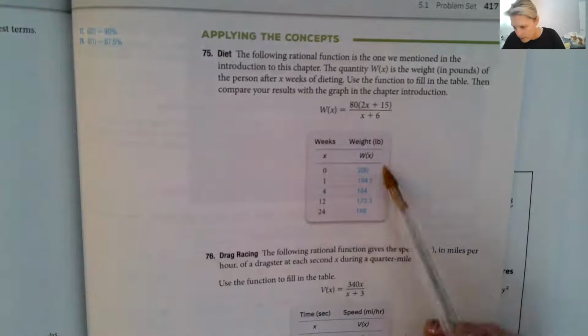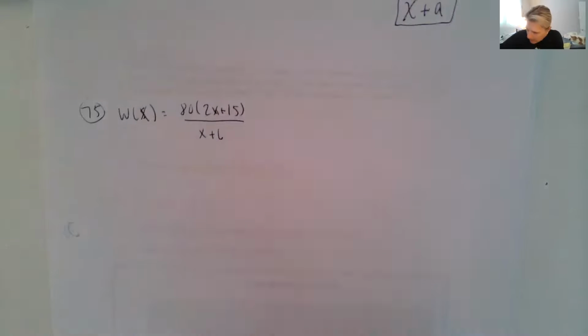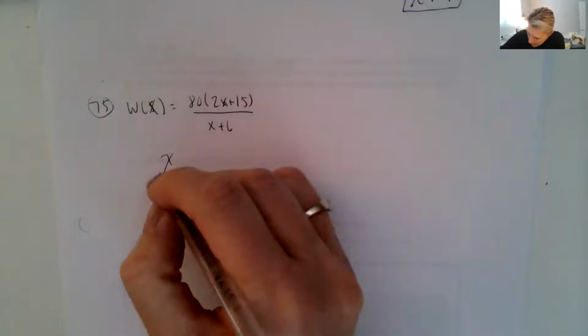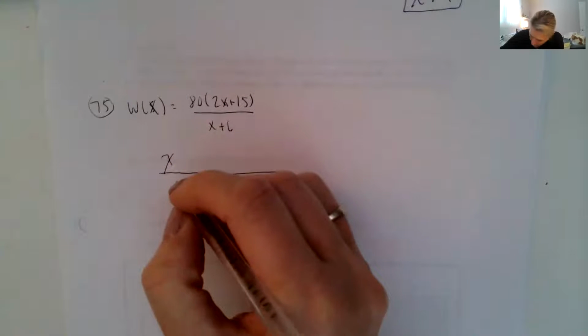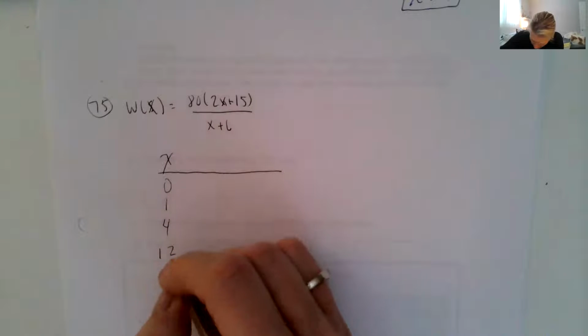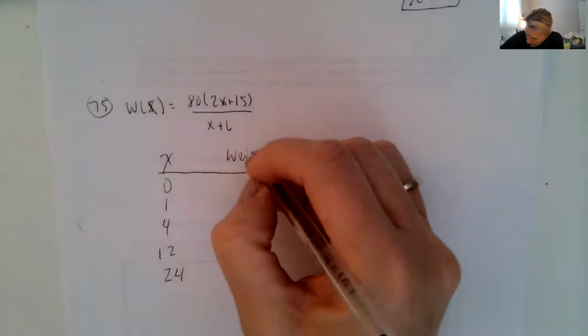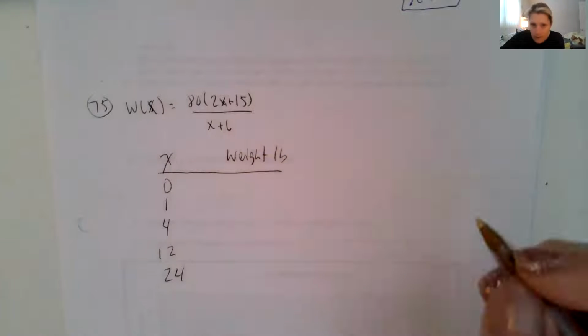The blue are the answers, but we're going to fill that in. So here is the equation, and we are going to fill in the x weeks, and they wanted 0, 1, 4, 12, and 24. And then we're going to fill in their weight in pounds.